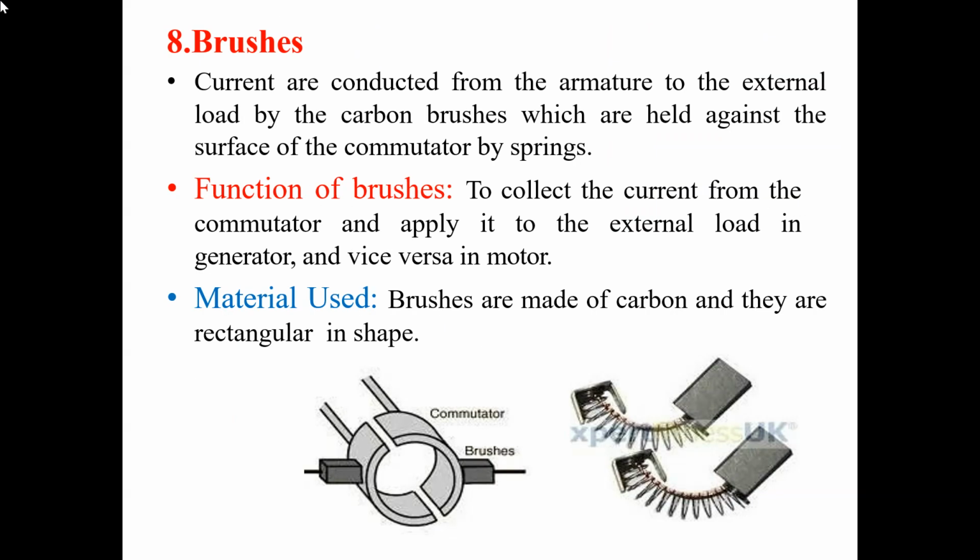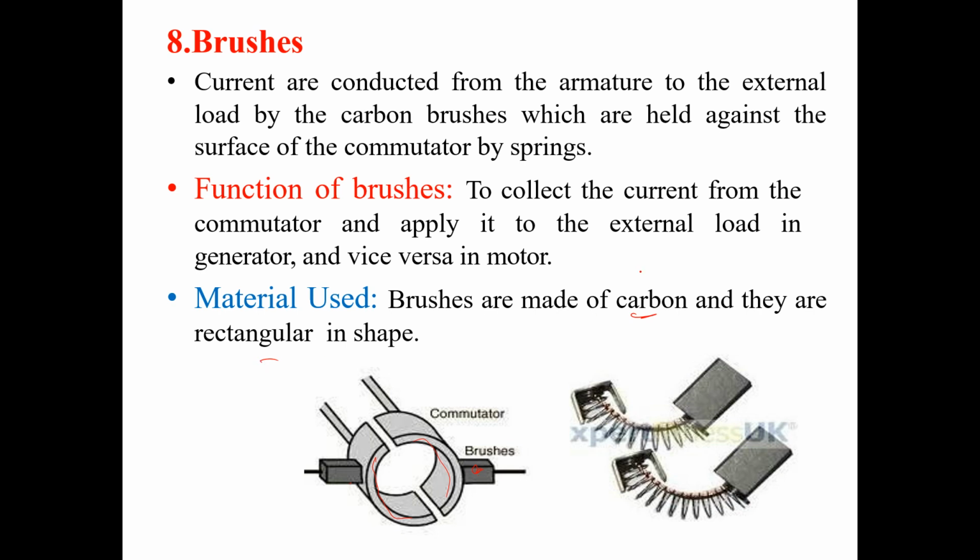Then the brushes. These are the brushes which are connected on the commutator segments. If it is a two-split, split type slip ring, we have brushes, and these brushes are connected with springs because they are always in contact with the rotating part. To provide mechanical strength we use springs, and brushes are made of carbon and in rectangular shape.